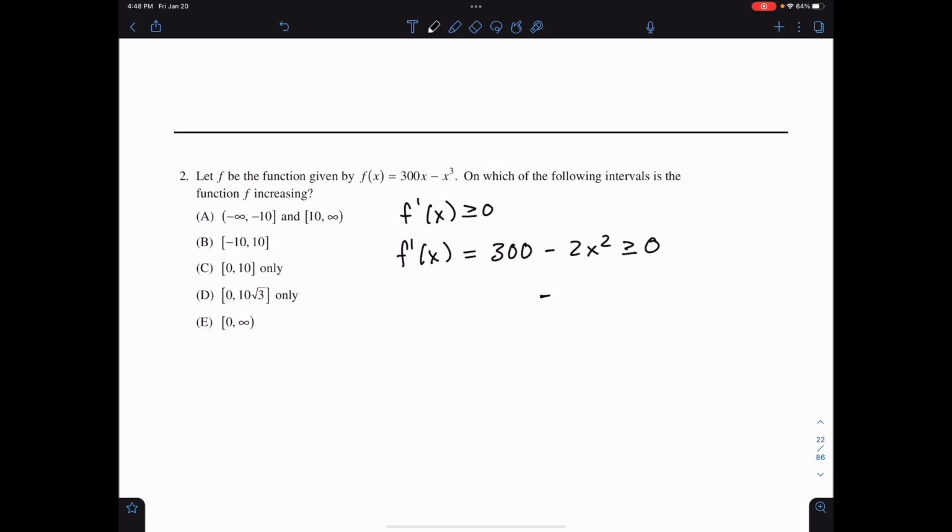So negative 3x squared is greater than or equal to negative 300. You have x squared is less than or equal to 100, so x is between negative 10 and 10. So our answer is B.